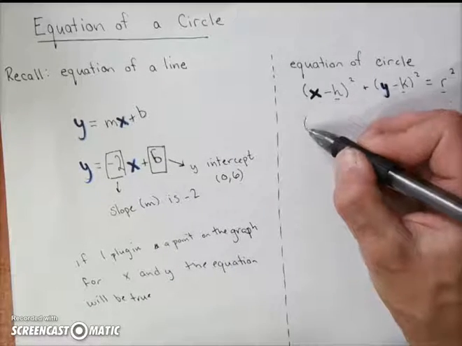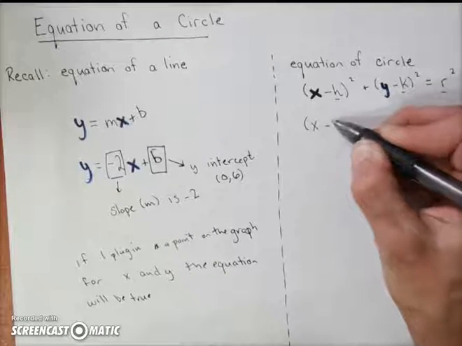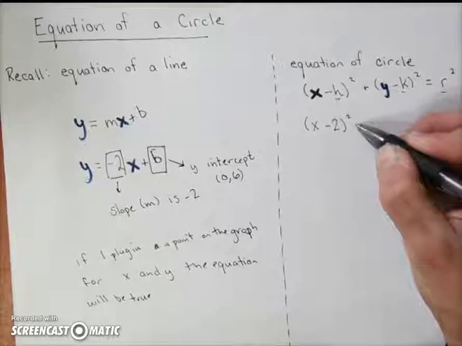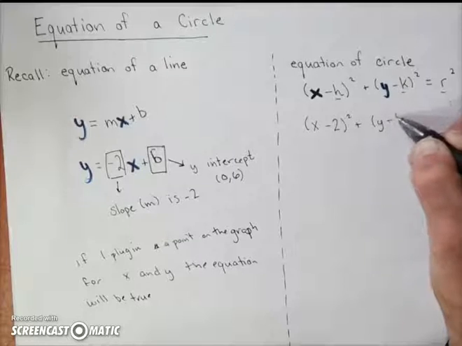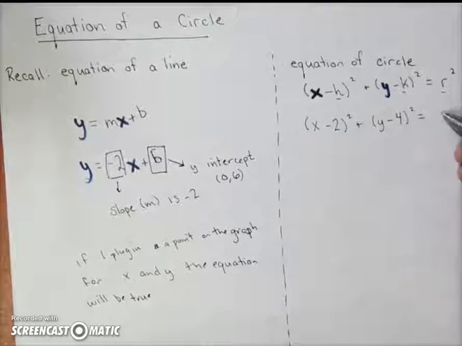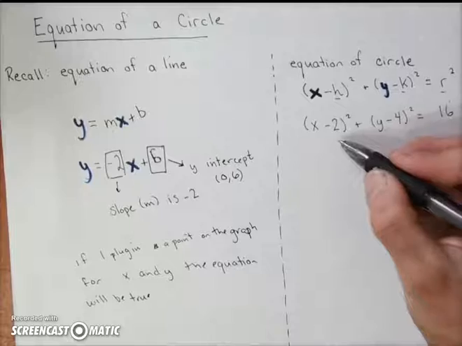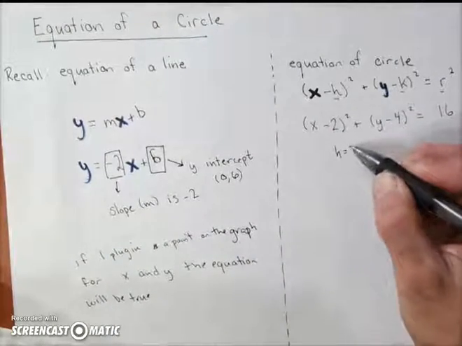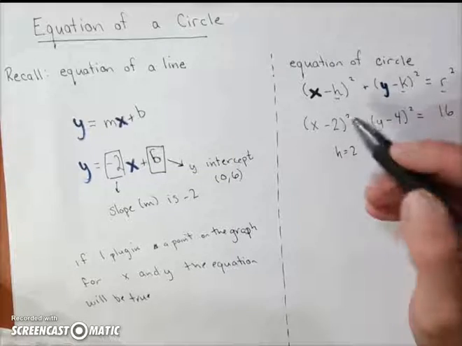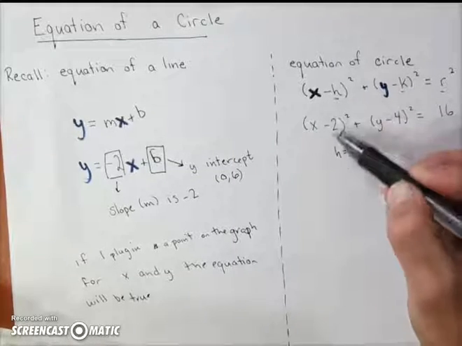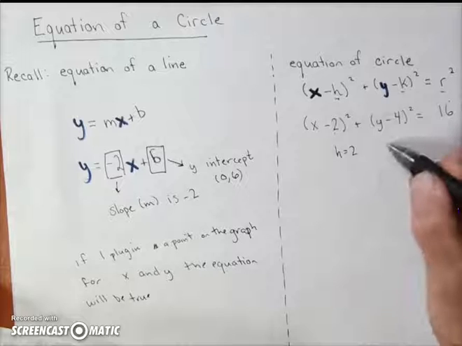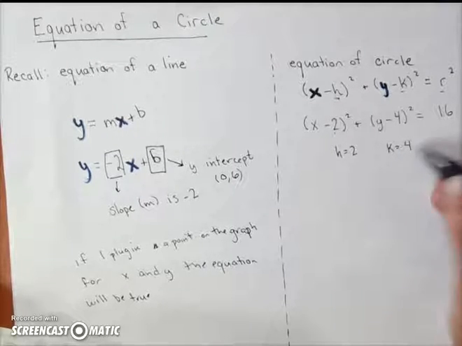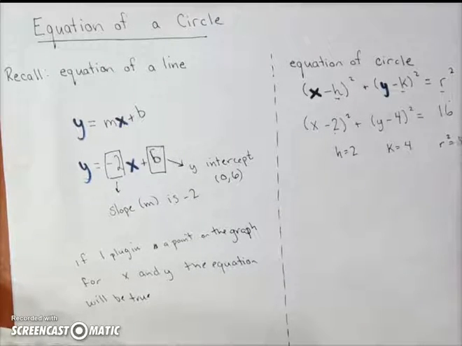So for example, we might have a circle that looks like (x minus 2) squared plus (y minus 4) squared equals 16. In this example, our h equals 2 because x minus 2 is the same as x minus h, so 2 and h are the same. k equals 4, and r squared equals 16, so r equals 4.